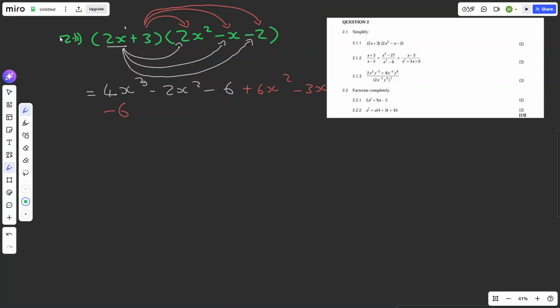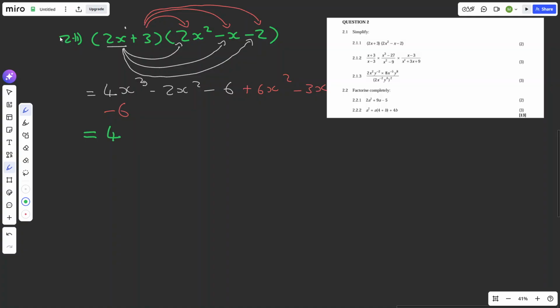So the next step here, we need to add them up. We've got a number of terms here. Now we need to add each term with its like term. So now I'm going to highlight these for you. Firstly, 4x cubed doesn't have any other term like it. In other words, it doesn't have another term that has an x cubed. So we're going to leave it as it is.